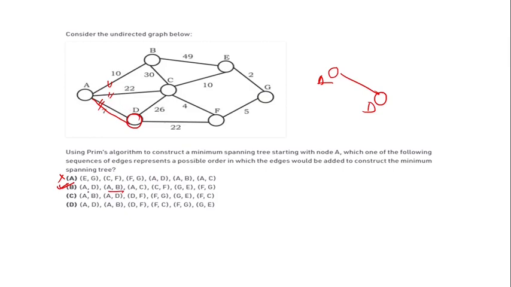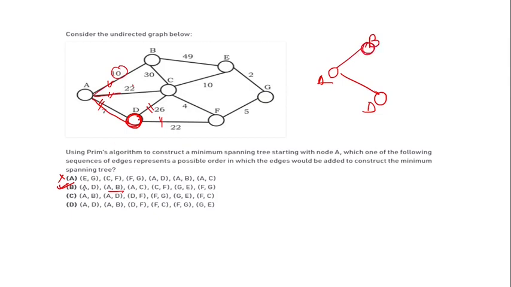Now after this AD, I have 22 and 26 for D, because I visited this, and for A the options are 10 and 22. So obviously 10 is the minimum. I can visit AB, no problem.